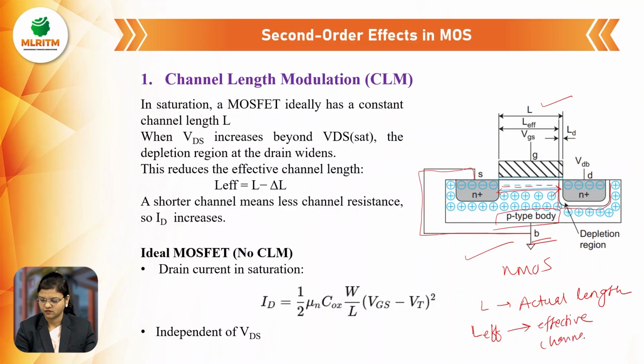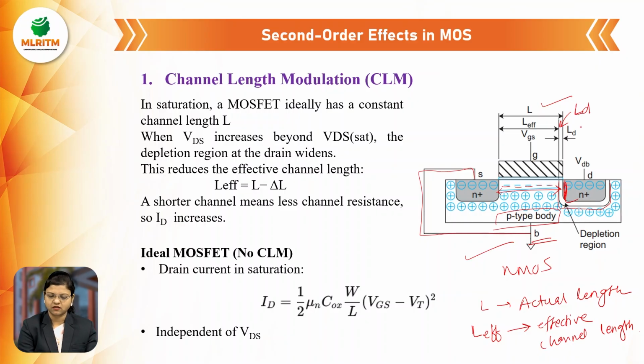So up to this drain region there is the channel length L, but after that a depletion region is formed. Because of that, we have taken this length as LD, means depletion region length, and the actual channel length is decreased by this measure.